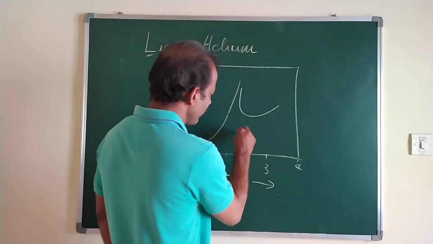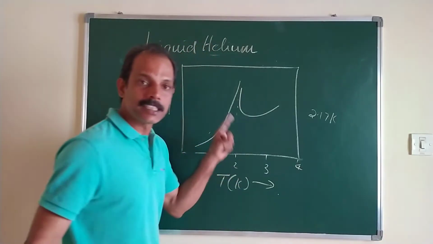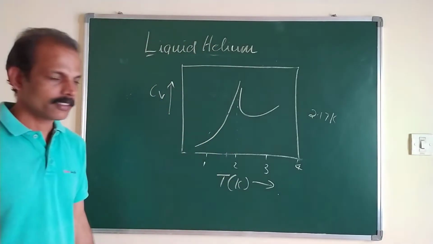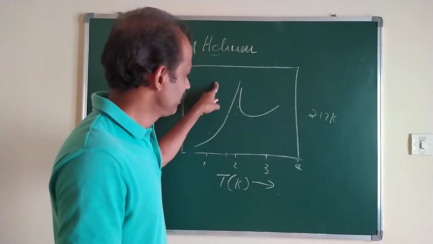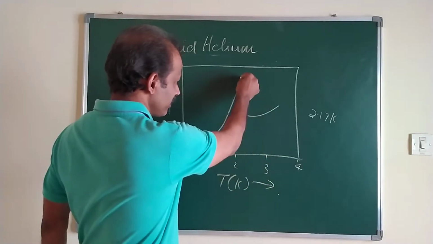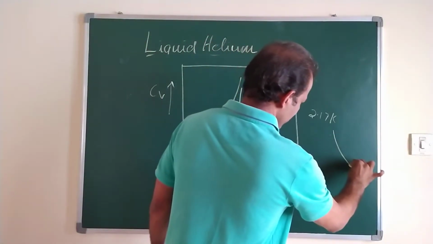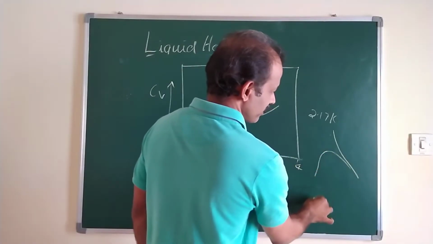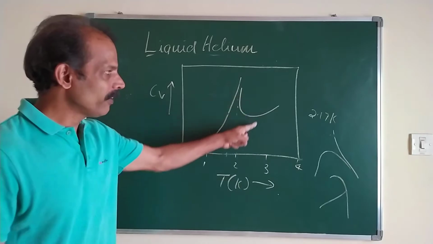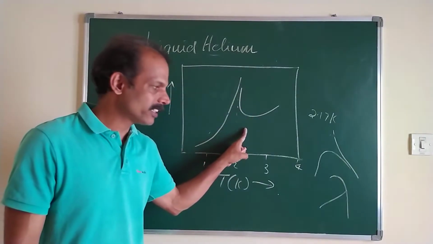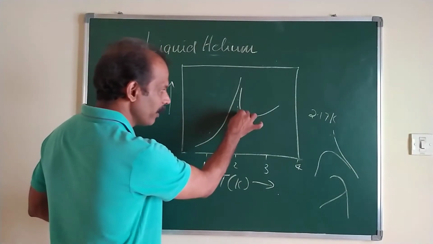Okay, at 2.17 there is a discontinuity in specific heat capacity. When looking at the curve, just twist it, and you get a curve like this. It is equal to our lambda. The shape of the specific heat curve is just like that of lambda, and from that the lambda point arises.